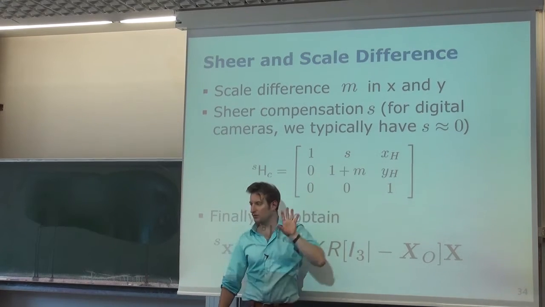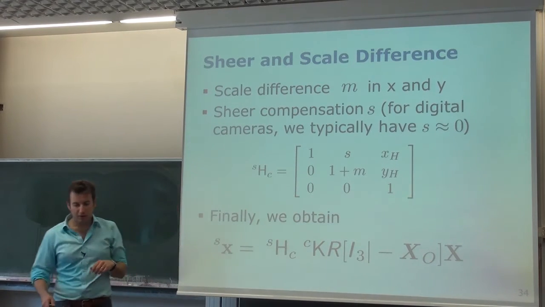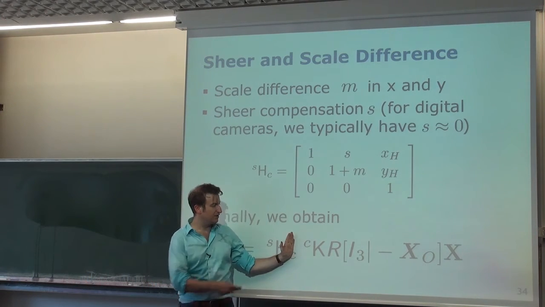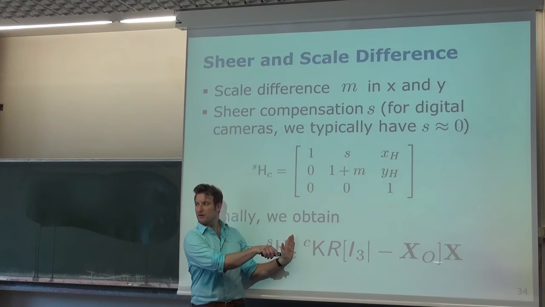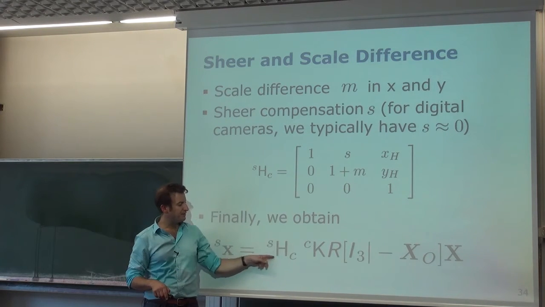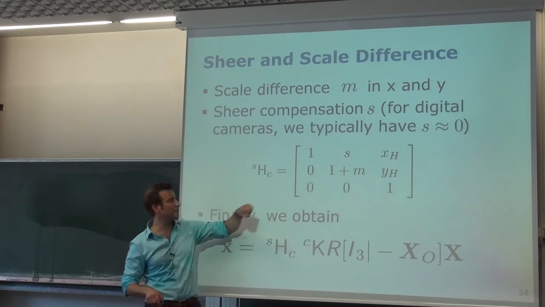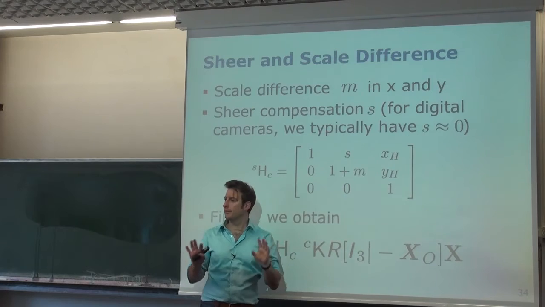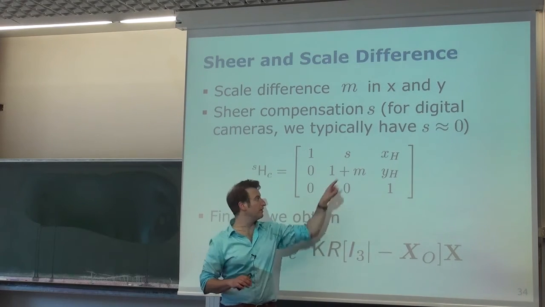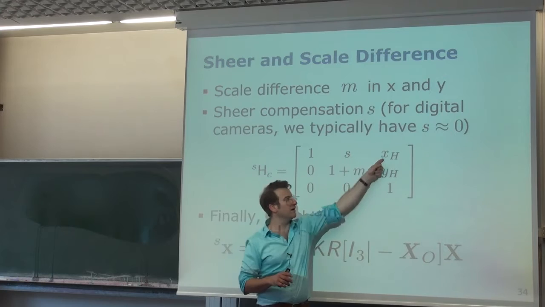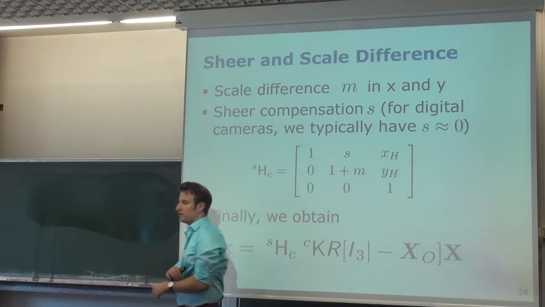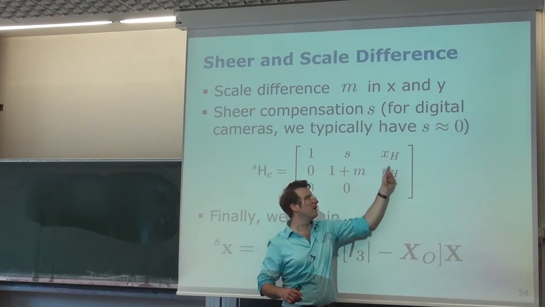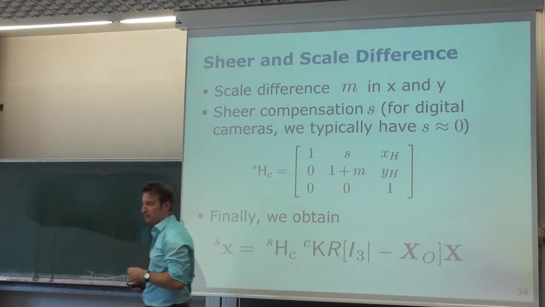So with that, this was the transformation that we had so far, and we add this additional transformation having 4 parameters: 1, 2, 3, 4. In a lot of cases, s is 0, and often m is also 0, and then this is what is called the Euclidean camera, the shift only through the sensor plane.